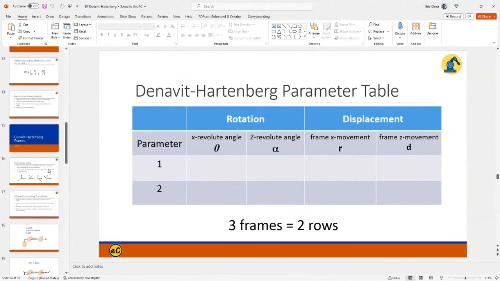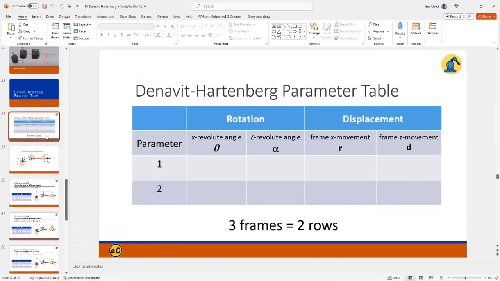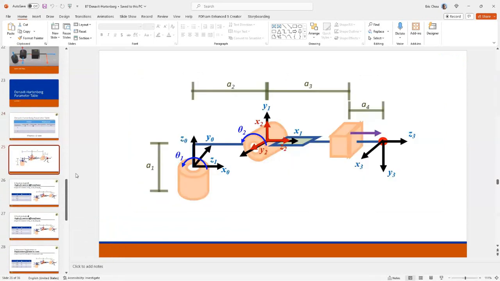Let's look at the robot arm one more time. After you set up the frame, you consider this rotator the original base. You have x0, y0, z0, and there's an A1. This A1 is the length from your base to the top right here. Theta 1 is how much it rotates.